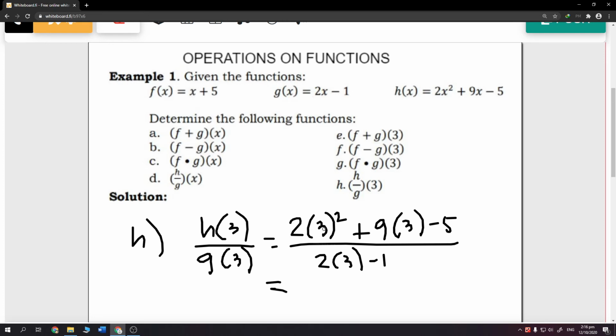Okay, so we have to square it first before multiplying it by 2. So 3 squared is 9 times 2, 18. Plus 9 times 3 is 27 minus 5. 2 times 3, 6 minus 1 is 5.